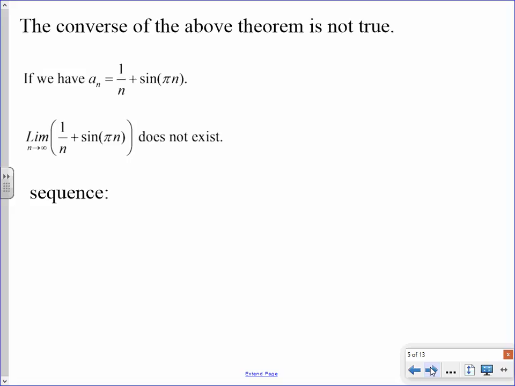Okay, so just because our sequence converges doesn't mean the limit's going to exist. That's the converse. So if the limit exists, our sequence is going to converge, but going backwards is not necessarily true. For example, we have this right here.